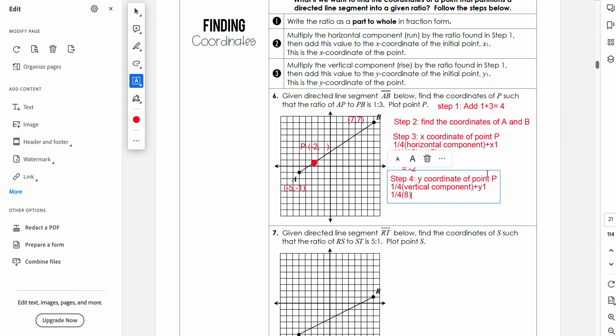It's going to be 8, and then plus the y1, which is -1. And then we know that 1/4 of 8 is 2, then -1, and that's equal to 1.